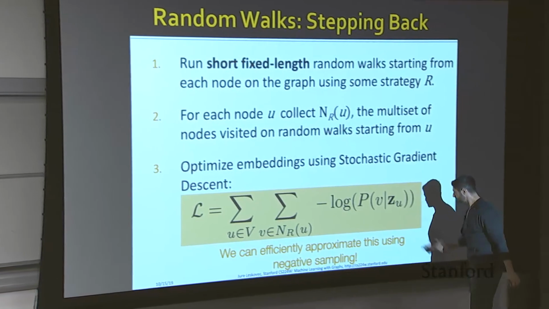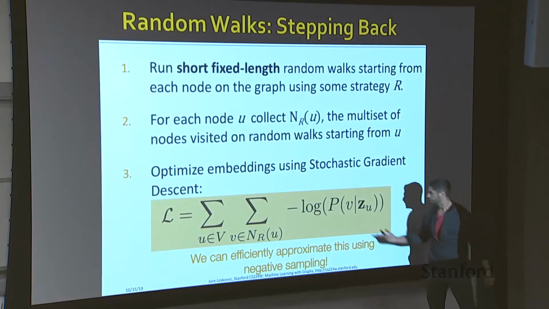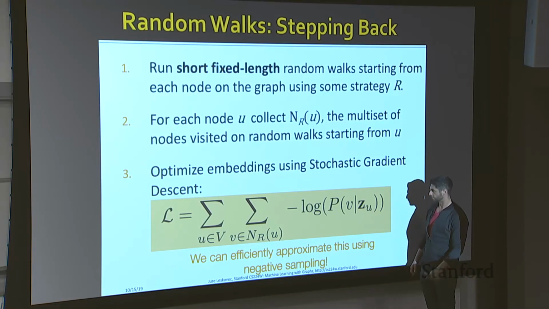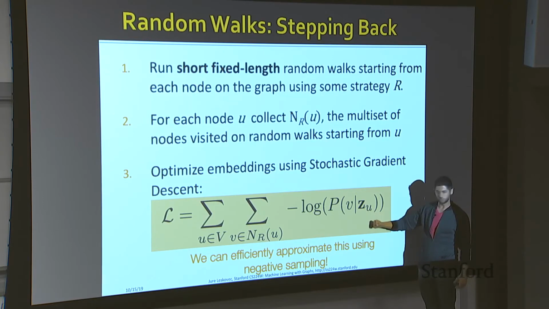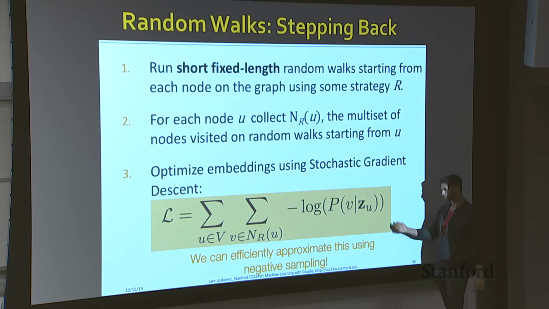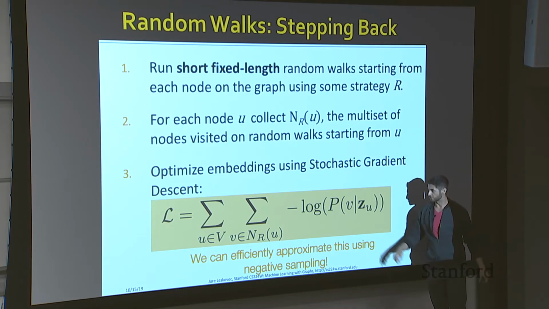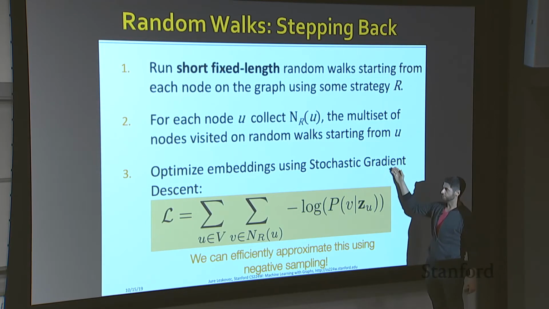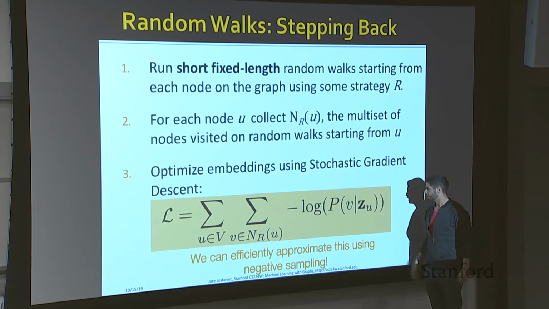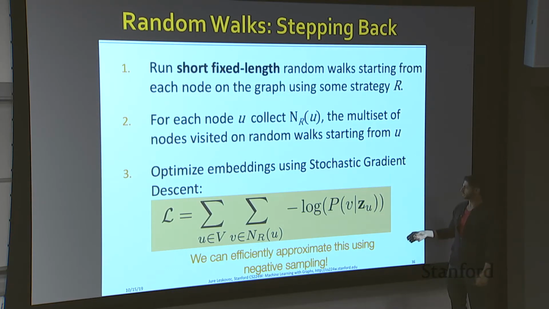And as we have seen before, going from this high-level definition of the loss function, we find a way to efficiently approximate it through negative sampling, okay? So we solved the efficiency problem, and we know for a fact that SGD can be made extremely efficient as well. So finding the minimum for this loss is relatively easy, apart from usually getting stuck in local minima, which is one of the standard problems of SGD, but we have good techniques on how to avoid that.